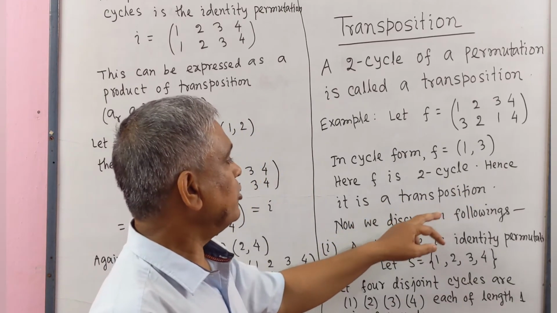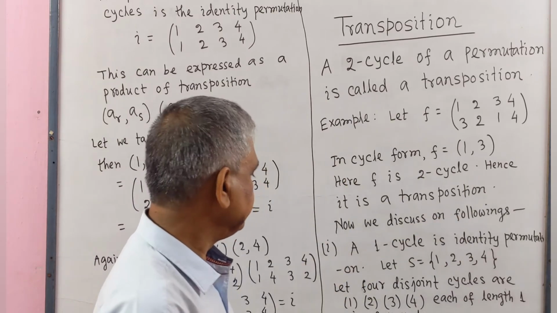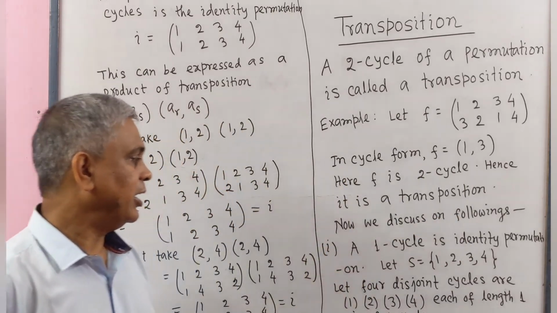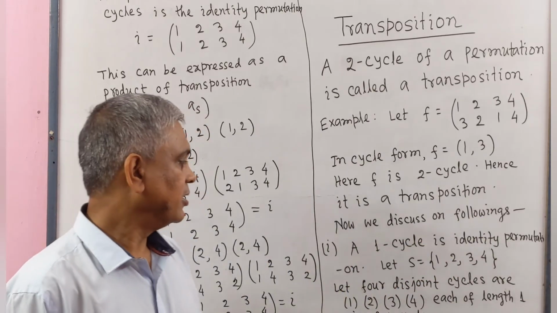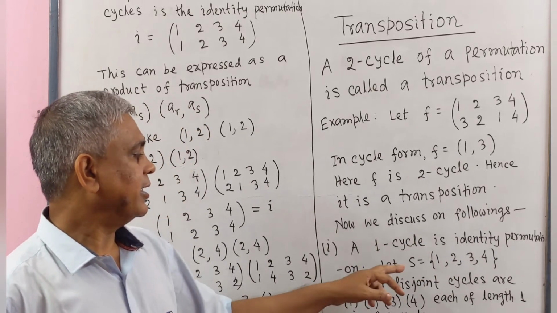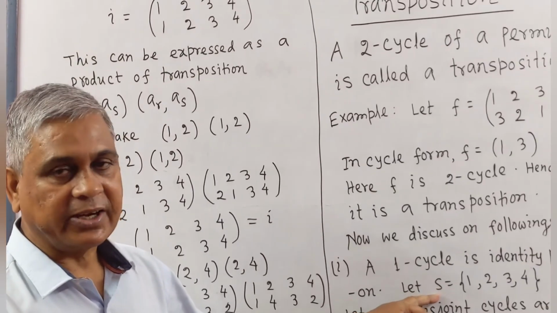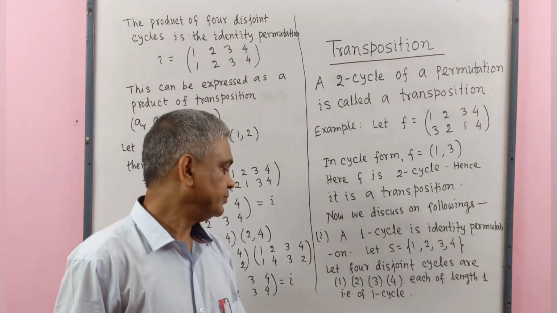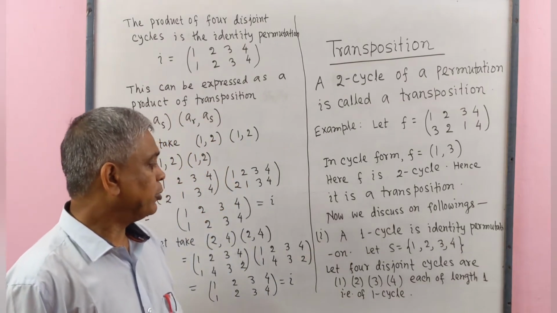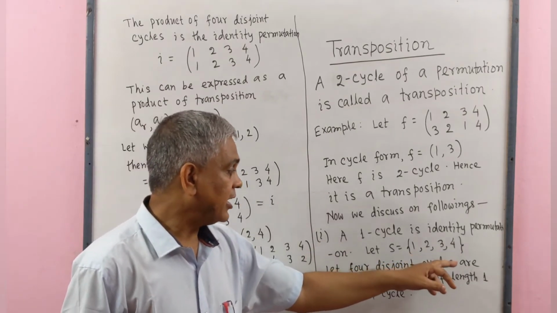Now we discuss the following. Number 1. A one cycle is identity permutation. Let S be a finite set containing elements 1, 2, 3 and 4. Let 4 disjoint cycles be (1), (2), (3) and (4).